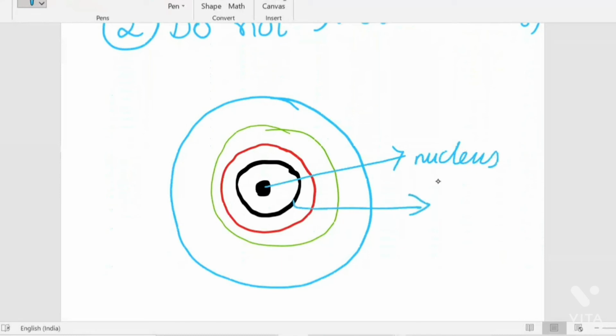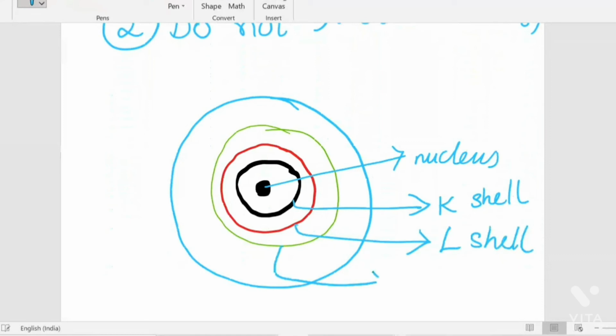Here, this is the first shell, named K shell. The second, red shell here is the L shell. The third shell, represented in green, is the M shell. And the last shell, represented in blue, is the N shell.